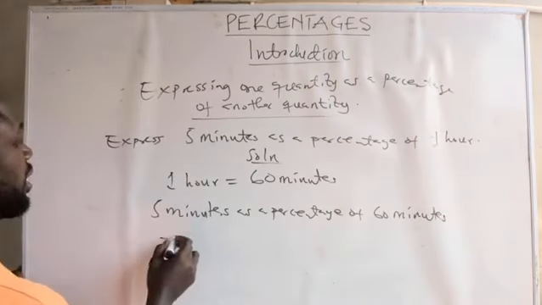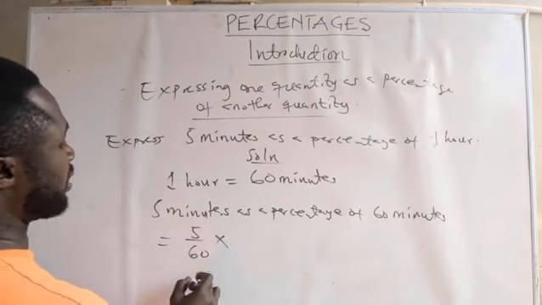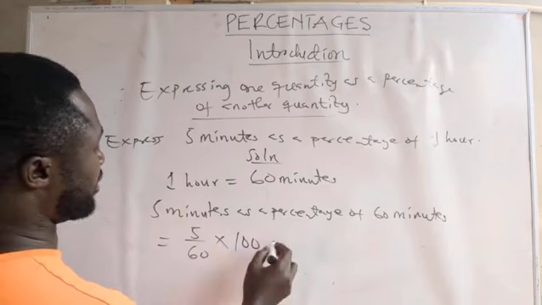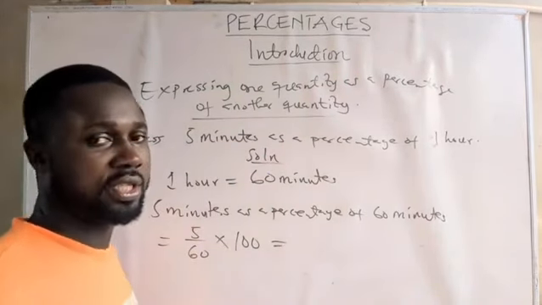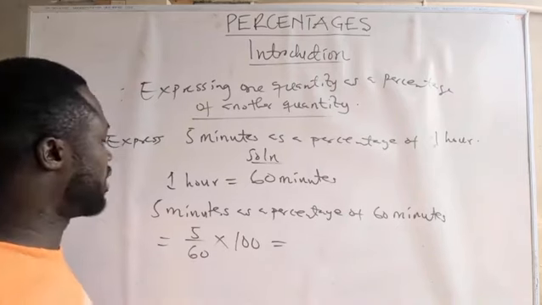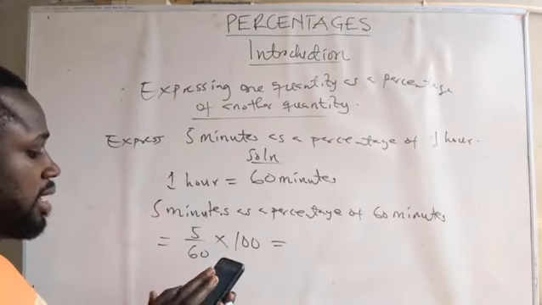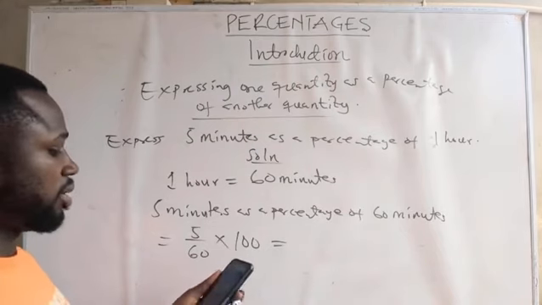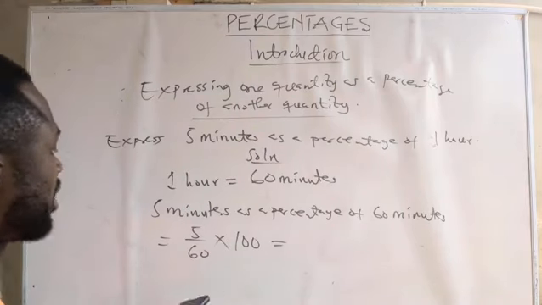It will be equal to, we take the 5, then we divide by the 60, the total, and multiply by 100. Since we are expressing 5 in terms of 60, it will be 5 divided by 60, then multiply by 100. 5 over 60 times 100.